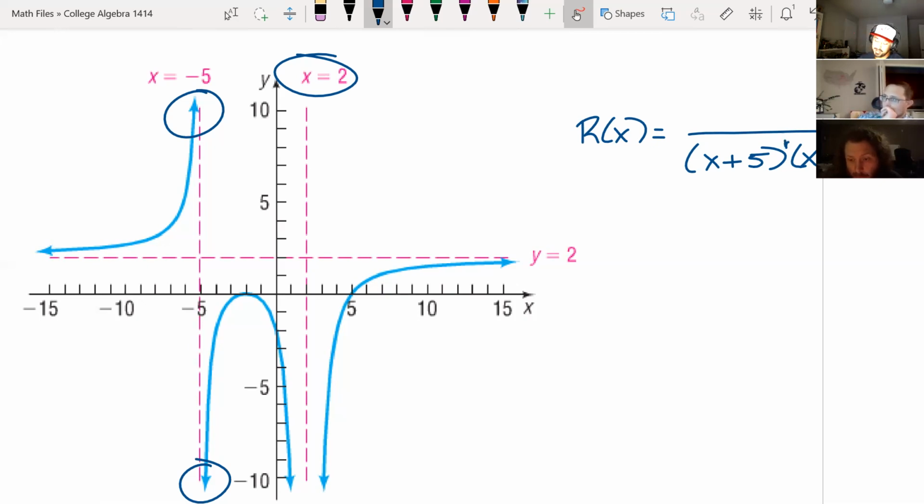Good. Now, look at the asymptote of x equals 2, and look at the end behavior of your graph. One tail goes to -infinity, and the other tail goes to -infinity. This means that x equals 2 would have what type of multiplicity, even or odd?